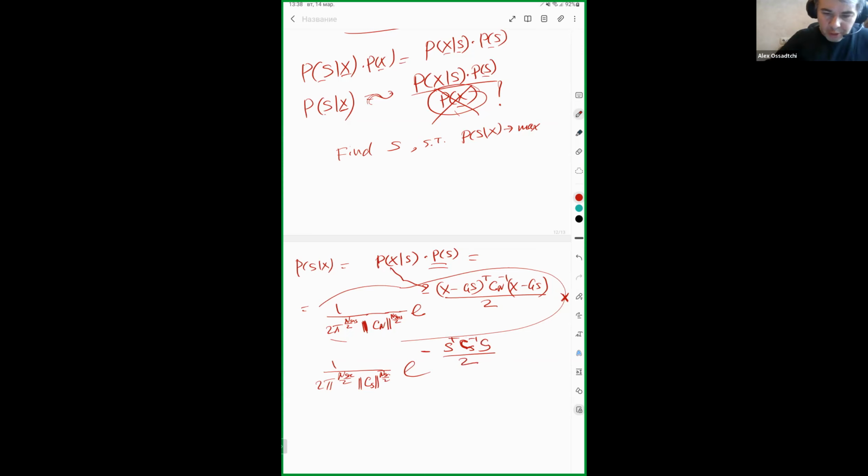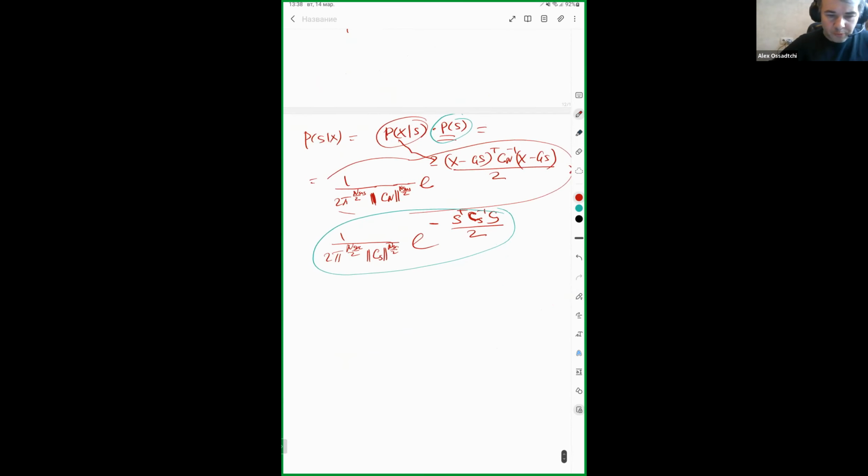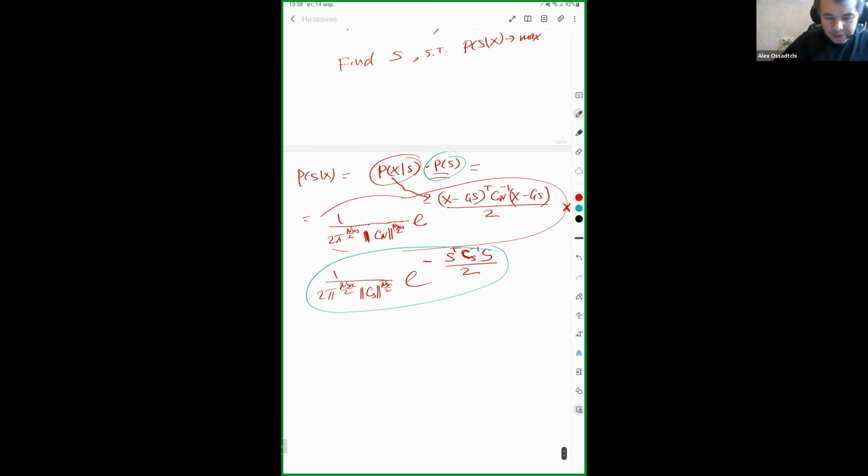So this is our second guy, where n is the number of sources. This is the prior we spoke about first. And I have to put the proportional sign, not approximate, because we excluded P of X.